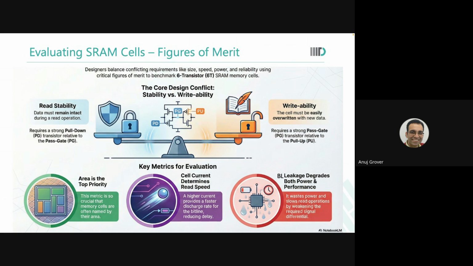In those terms, the stability of the cell is a very important functional figure of merit. Is there any other functional figure of merit? Write margin. Because when you want to write, again, it should be functionally possible. So write margin and static noise margin or cell stability are functional figures of merit.